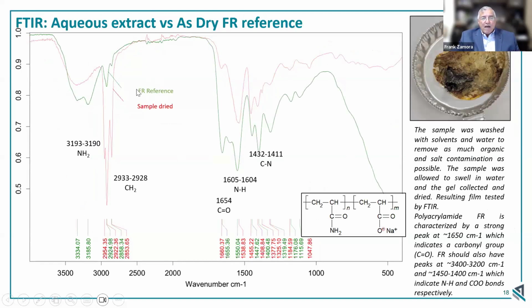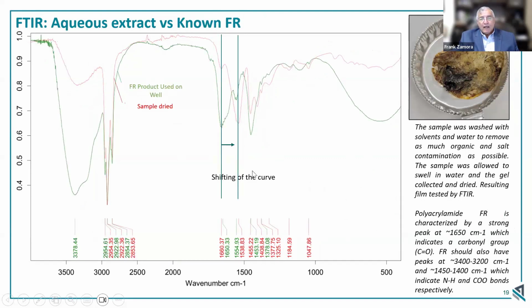So we do have an FR reference. So the sample that was actually dried, we compare it to that FR reference, and we try to identify these functional groups to determine whether it's FR. And in this particular case, it was a very good match. Now, sometimes, because it's looking for specific bonds, iron will have a tendency to shift some of the curve.